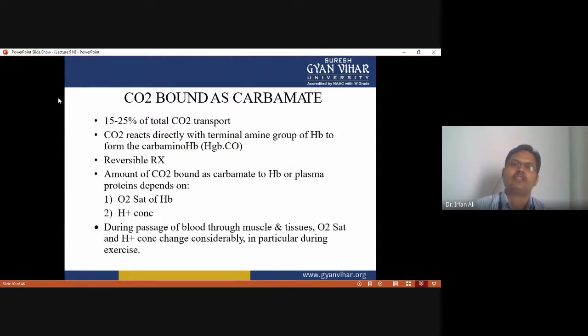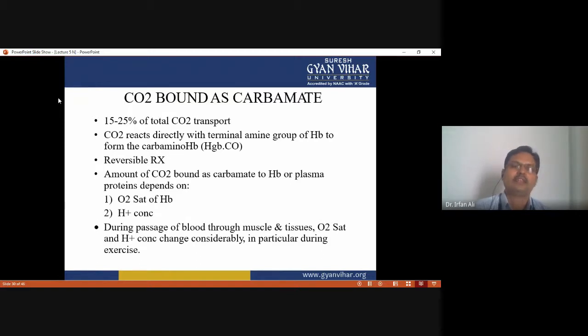And carbon dioxide bound as carbamate. So 25 to 30% of total carbon dioxide is transported in a bound form, and carbon dioxide reacts directly with a terminal amino group of hemoglobin to form carbaminohemoglobin.